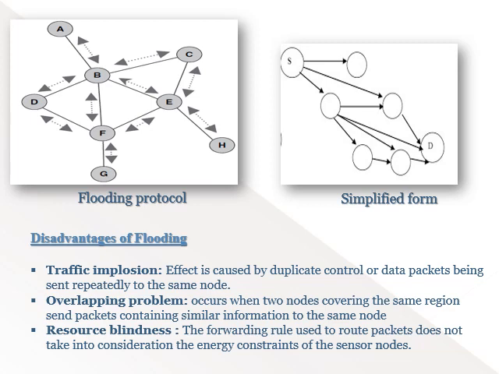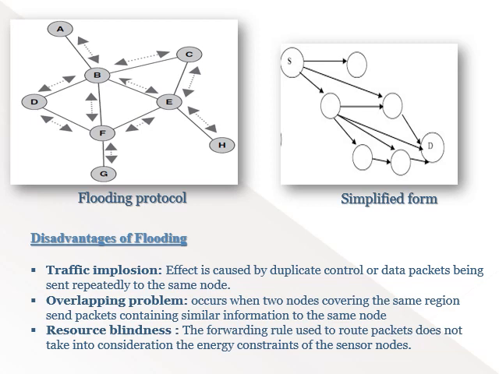Then, all the nodes B, C, and D pass the information to their nearest neighbors F and E. As we can see, nodes F and E are now flooded with information, leading to the duplication of information. This procedure is carried out until the information reaches the destination node H.